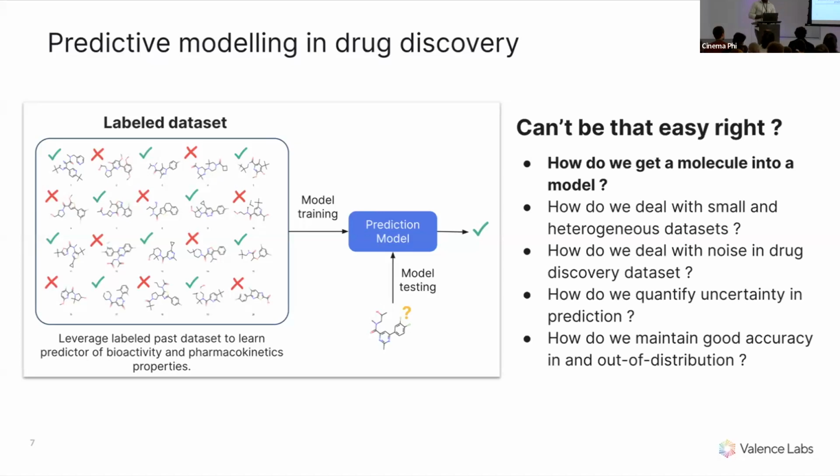But also a key issue that we have in drug discovery is that our data sets are very small in general. So in computer vision, you have millions, billions of images and a lot of annotation already available for them. But in a single drug discovery campaign, you usually have, if you're very lucky, 1,000-ish molecules. And you don't really have full coverage on the parameters that you want to optimize for.